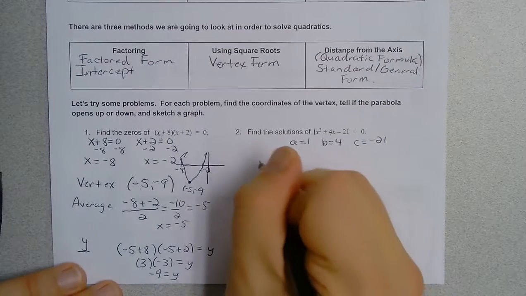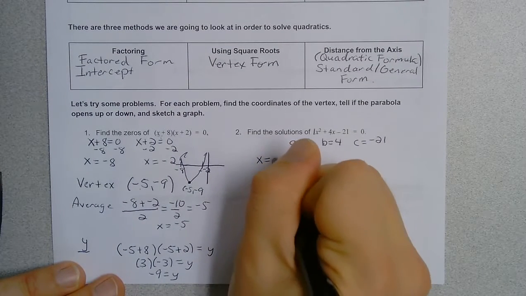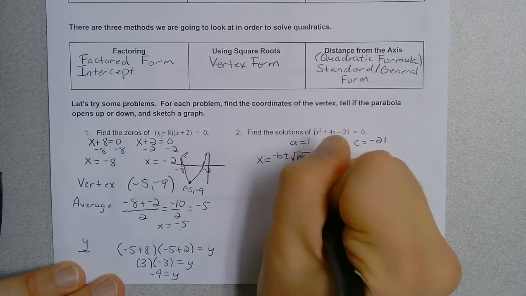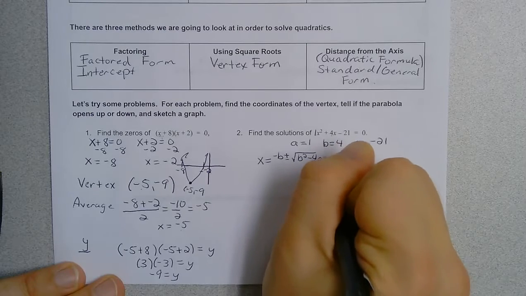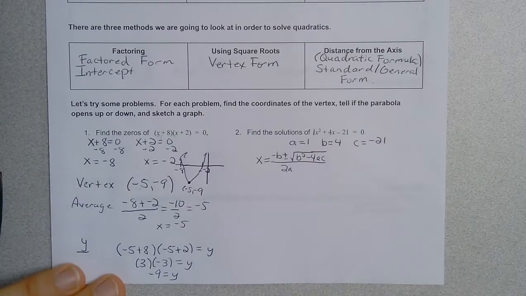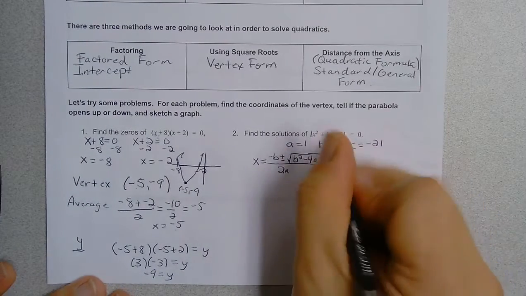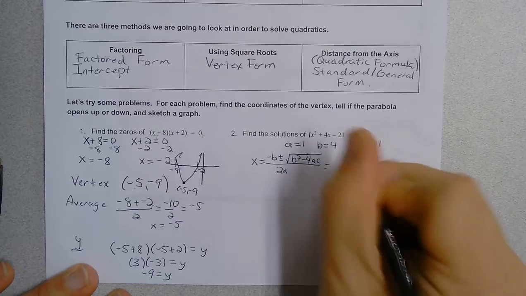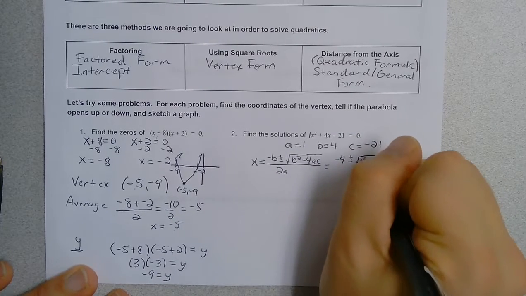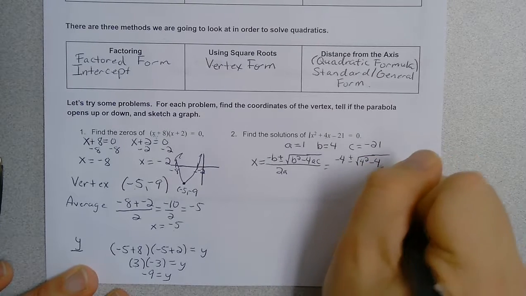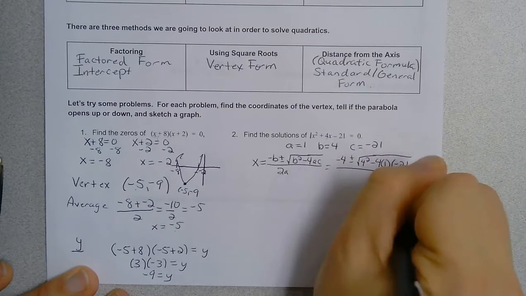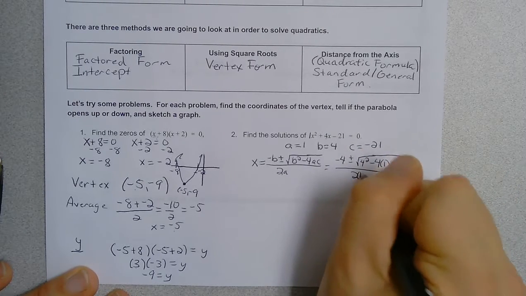In writing the quadratic formula, we know that x equals negative b plus or minus the square root of b squared minus 4ac, all over 2a. So substituting those values, the opposite of 4 is negative 4 plus or minus the square root of 4 squared minus 4 times 1 times negative 21, all over 2 times 1.